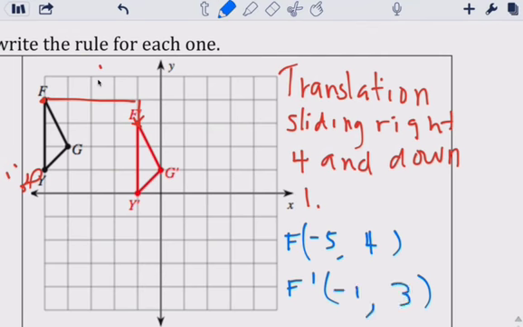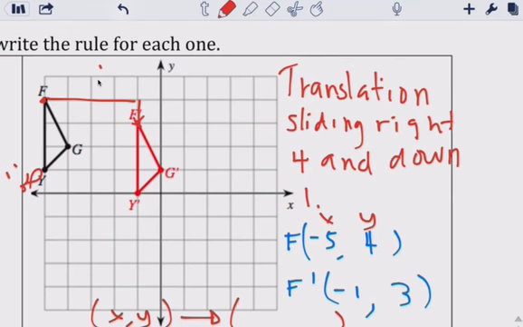Okay, so your rule is, here's your X, here's your Y. XY leading to, what's happening to the X? To get -1, you have to add 4.